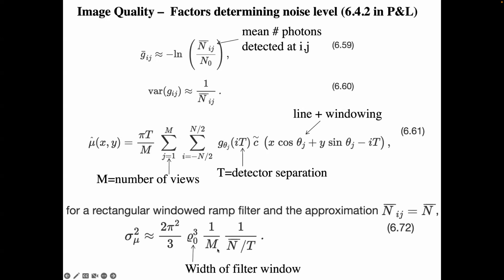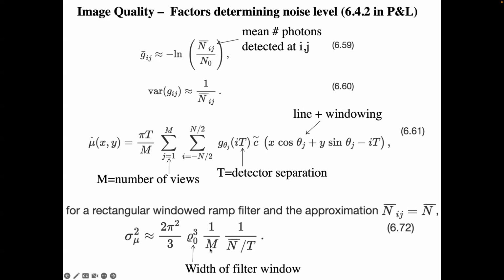So let's look at the simple ones first. M is the number of angles over which we measure. So if I take 90 views and I get a picture and look at the variance of my estimates of mu, and then I take 180 views and look at my variance, the variance will be a factor of 2 lower.